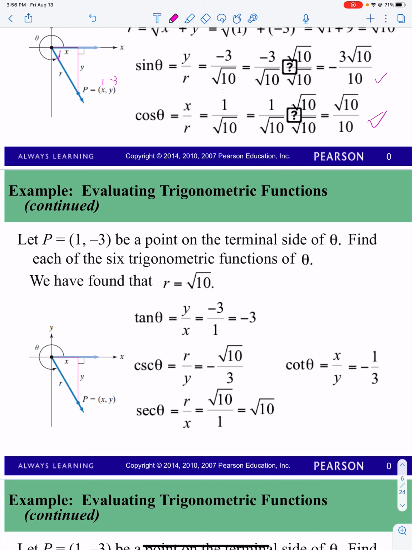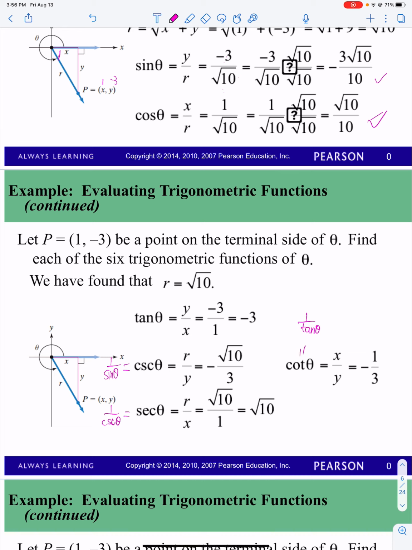So you only need to remember sine, cosine, and tangent, because cosecant is 1 over sine. So if you remember y over r, that will be r over y. Secant is 1 over cosine. Cotangent is 1 over tangent.